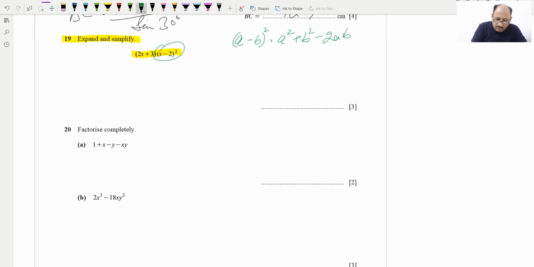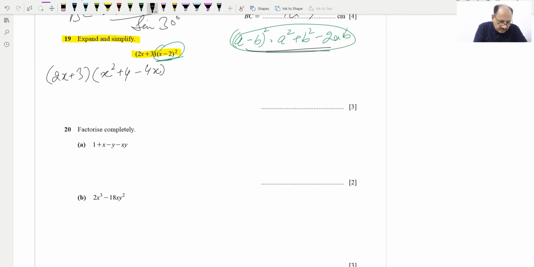So the first portion we will write as it is, 2x plus 3, and the second portion we can expand with this formula, so we can write it as x square plus 2 square, which is 4, minus 2 into 2, 4, and x.